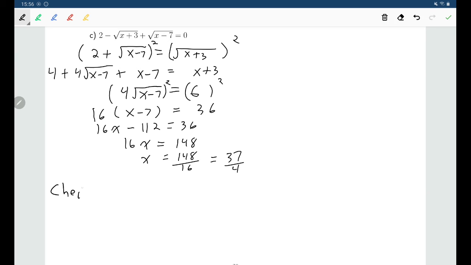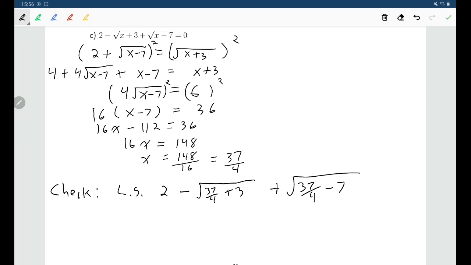So let's check, and we're going to check our value of 37 quarters by putting 37 quarters into the left side of the equation. And this is, again, a great place for you to use your calculator to simplify things for you. 37 quarters plus 3, that's the same thing as 49 over 4. 37 quarters minus 7, that's the same thing as 9 over 4.